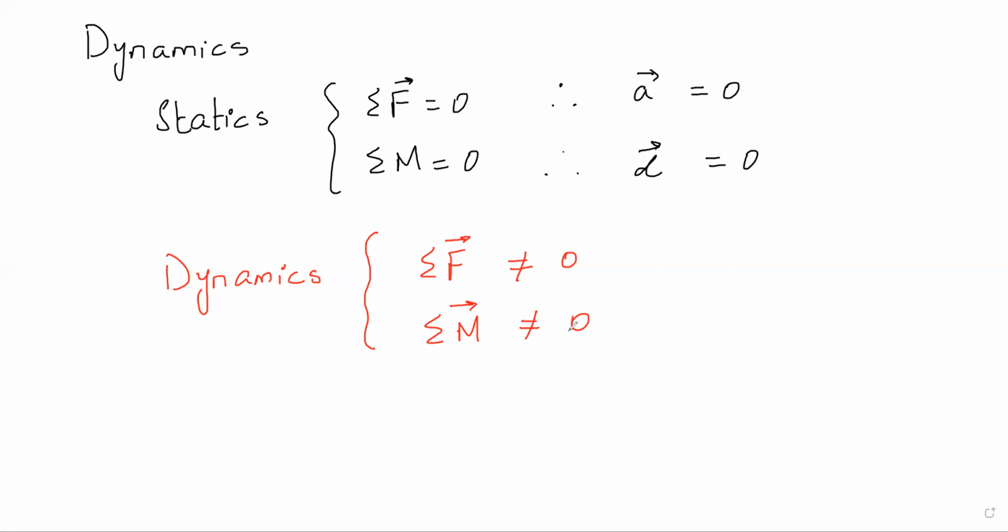So if it had an alpha and at the same time it was accelerating, that's one case. Summation of force is not equal to 0, summation of moments is not equal to 0, or and. Either way, you have a nice fancy dynamics problem. And right now everything is 0. Okay, that's good. We are on the right path.